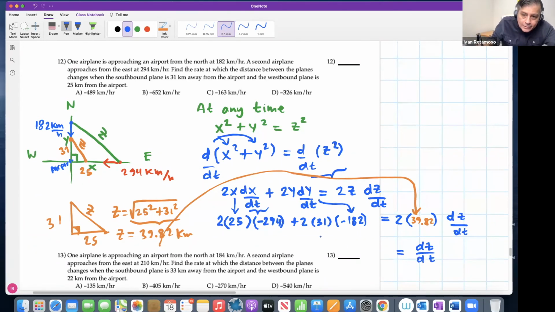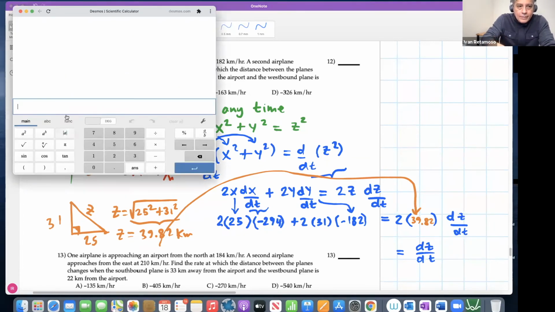So you take your scientific calculator, and you start with the left side: 2 times 25 times negative, don't forget the sign, negative 294, plus 2 times 31 times negative 182.